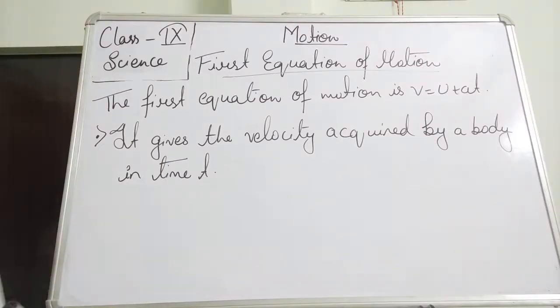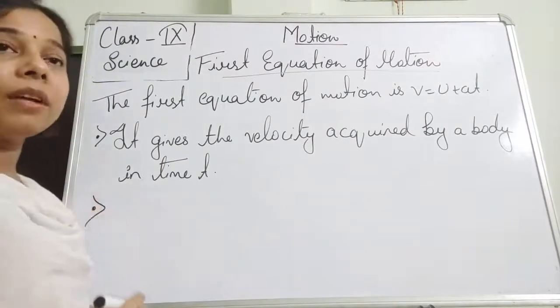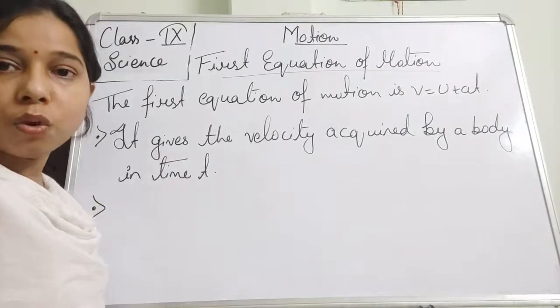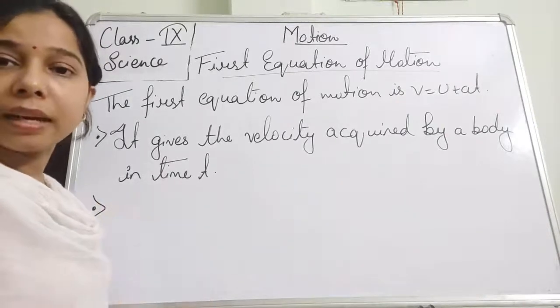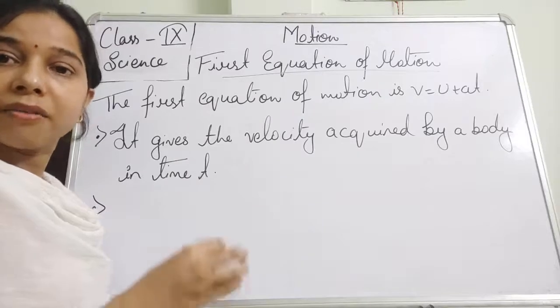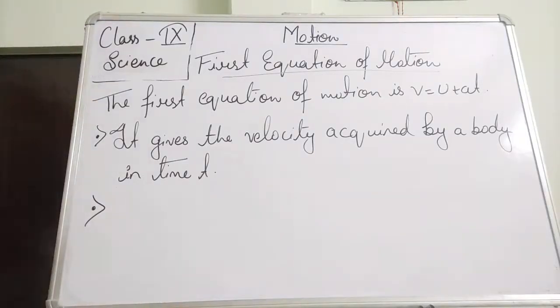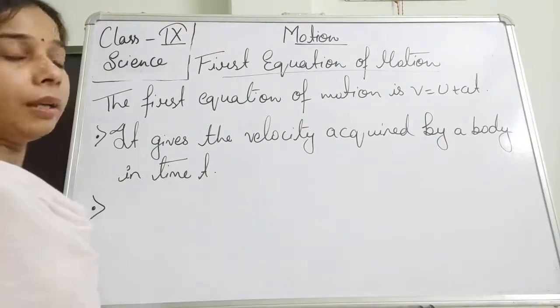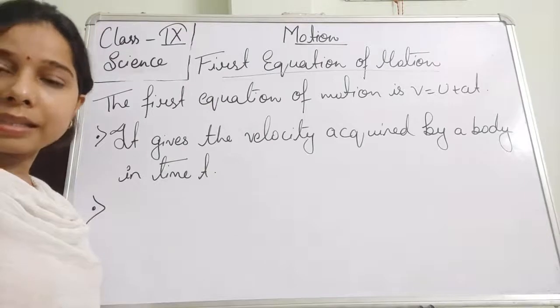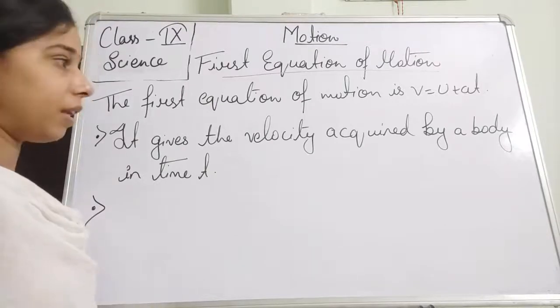So suppose a body is moving with the initial velocity u and then is subjected to an acceleration a with respect to time. What will be the final velocity at that time? It will become v.